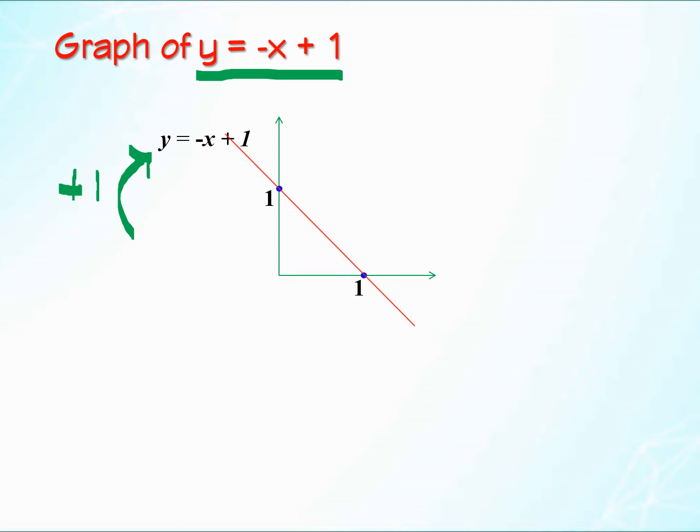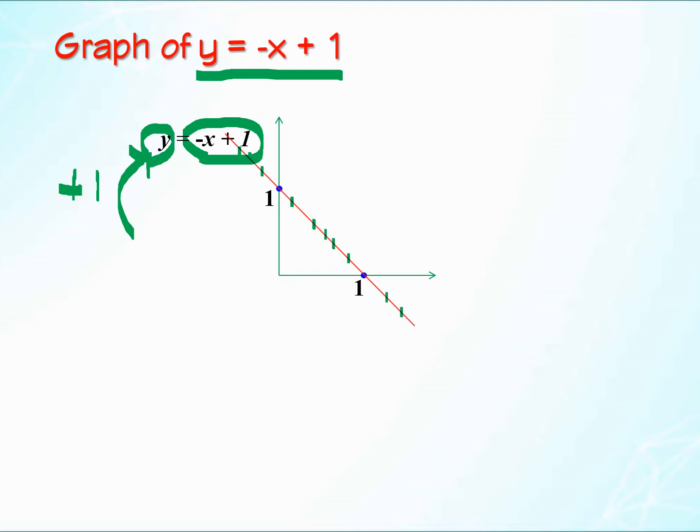And please note that for any point on this graph, in this formula, the left-hand side quantity and right-hand side quantity are the same. That is the definition of an equation. So for any point on this line, the left value and right-hand side value are the same.